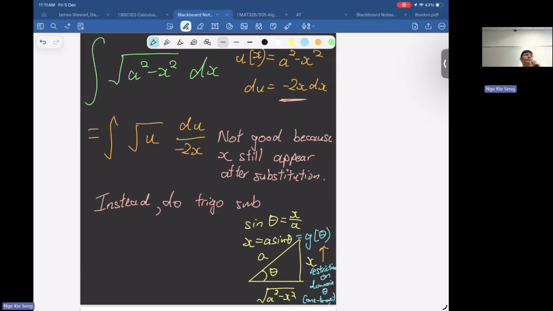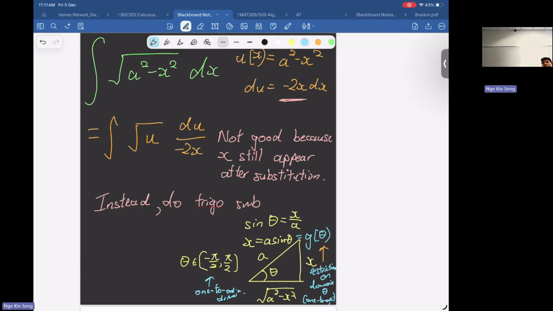So we just want to pick one. So what's the region that we fix for sine theta? It is from negative pi over 2 to pi over 2. Okay, so this is the 1-to-1 domain here. Make sense? Does it make sense?